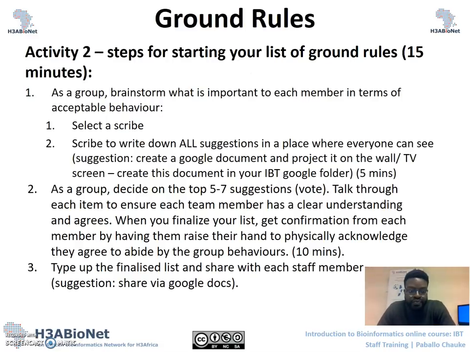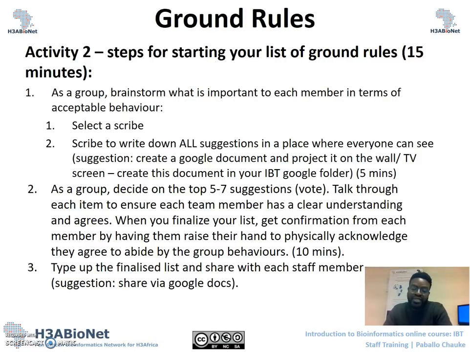For activity 2, the steps for starting a list of ground rules, this ideally should take you 15 minutes. Firstly, as a group, brainstorm what is important to each member in terms of acceptable behavior. So again, if there's 10 of us, we might have different ideas and views as to what is acceptable behavior when you're behaving with colleagues and other human beings.